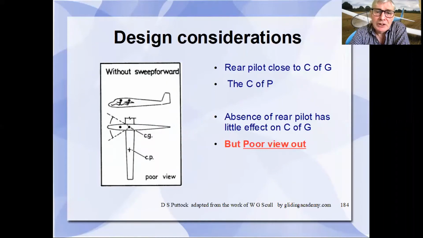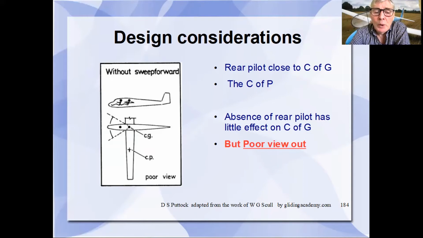Without sweep forward, we can see in the diagram here that the second pilot, the rear cockpit pilot, is sat more or less on the centre of gravity. So if he got out, it makes very little difference to the centre of gravity. And the centre of pressure is along the wing.